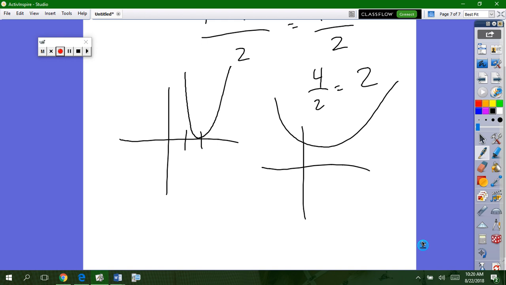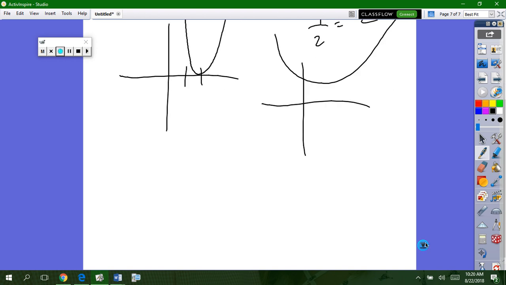How many on this one? 1 real, but a multiplicity of 2, meaning it's the same zero. Does that make sense to everybody? It's slightly different. And then we have, obviously, how many times on that one? Twice.